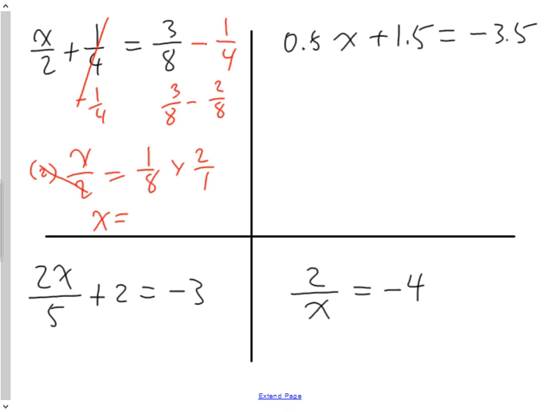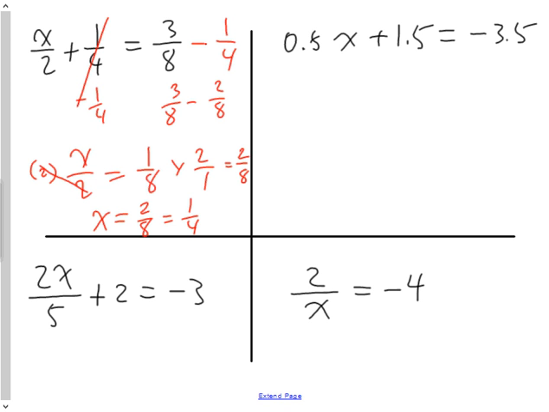Cross-reduce if you want, but we won't worry about it. So when I multiply the numerators, I get 2, multiply the denominators. So the answer is x equals 2/8, which in lowest terms is 1 over 4. So your answer for the first question is x has a value of a quarter, right? 2 over 8, or in lowest terms, 1 over 4.